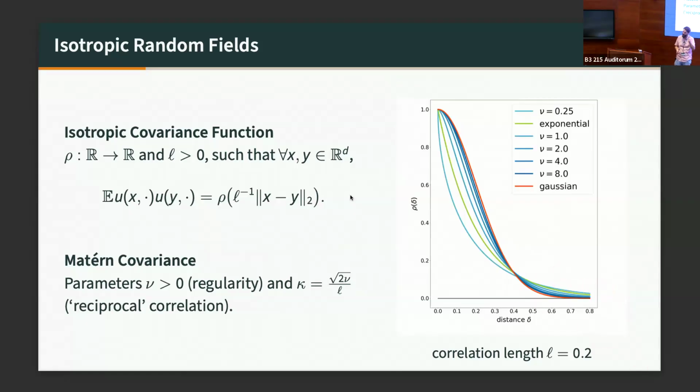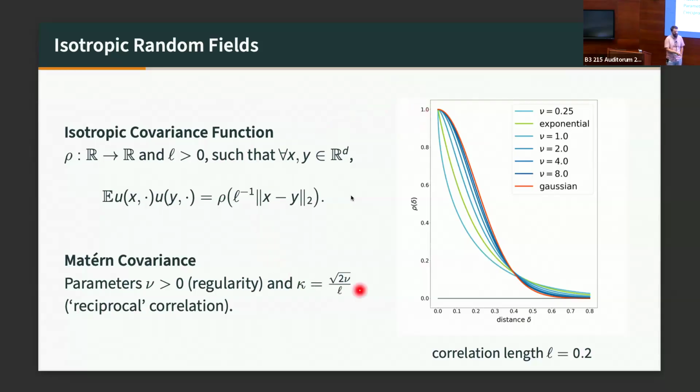That's one of the things that the nu parameter influences. And the other thing it influences is what happens at the origin, so at 2 points that are very close to each other. And this controls the regularity of the field that comes out. The larger nu, the more derivatives of your function you can take, or the more Hölder derivatives.